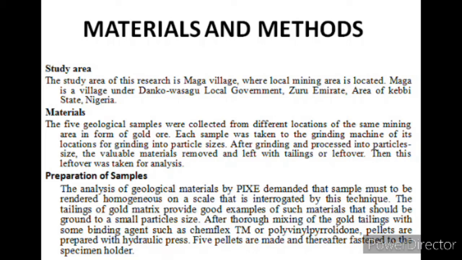Now, preparation of the sample. The analysis of geological samples or geological material by PIXE demands that the sample must be rendered homogeneous on the scale that is interrogated by this technique.